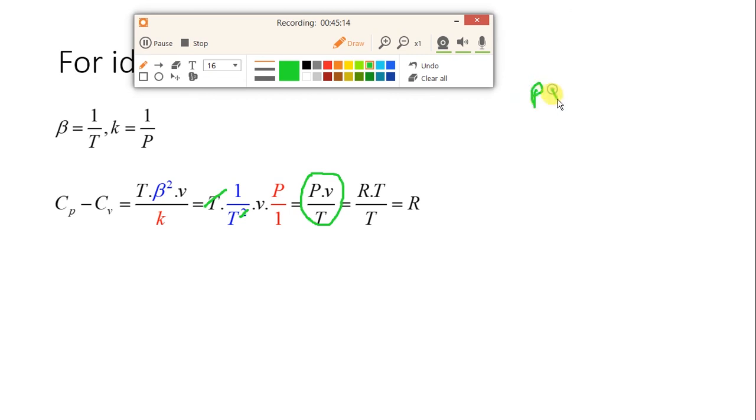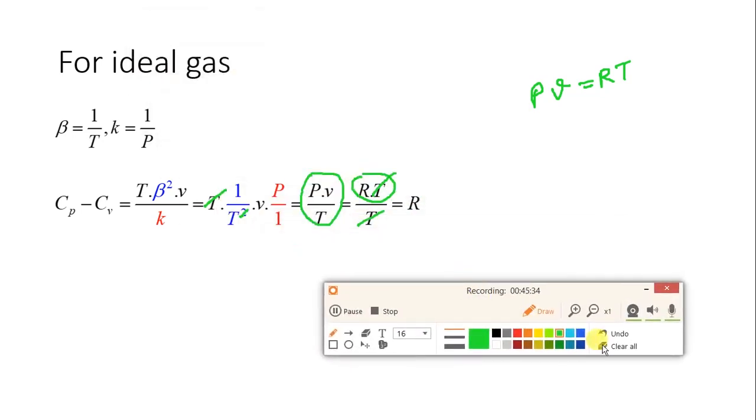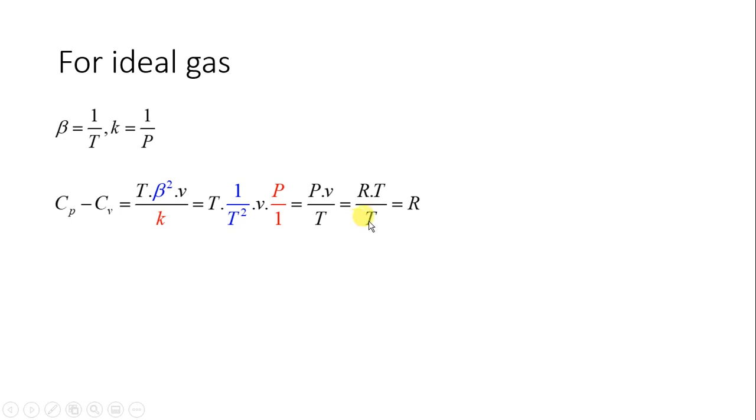P into specific volume is RT. So I am replacing P into small v, specific volume, with RT, giving RT divided by T. Now the temperatures cancel, and you will find that Cp minus Cv for ideal gas is R. In this way you can derive that for ideal gas Cp minus Cv is R.